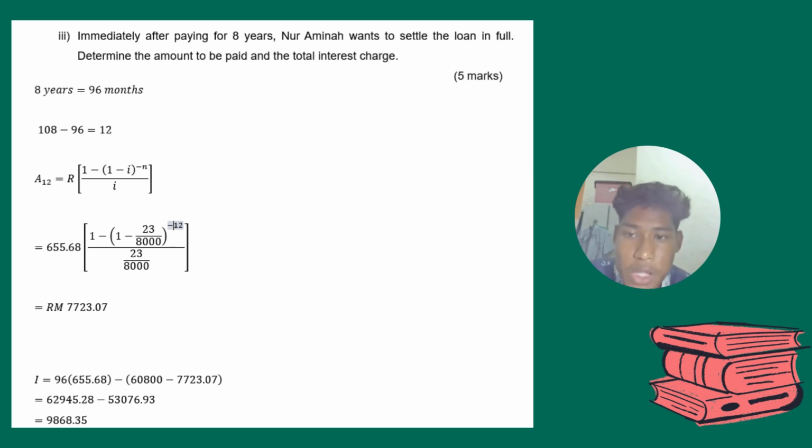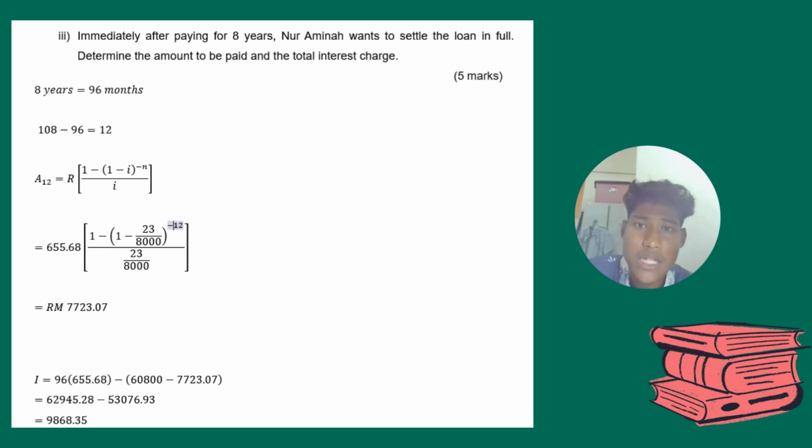Putting in all the information, A equal 655.68 open bracket 1 minus open bracket 1 plus 23 over 8000 close bracket power of negative 12 over 23 over 8000 close bracket, and we get the answer RM 7723.07.